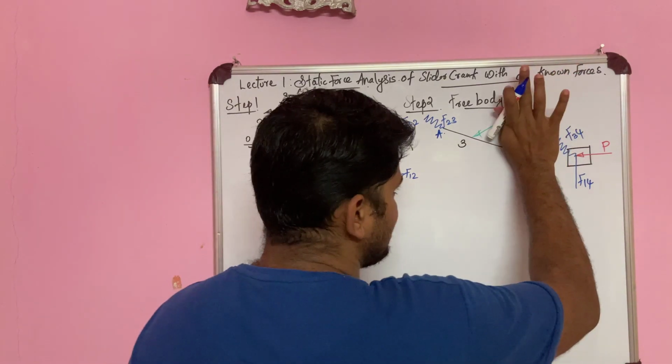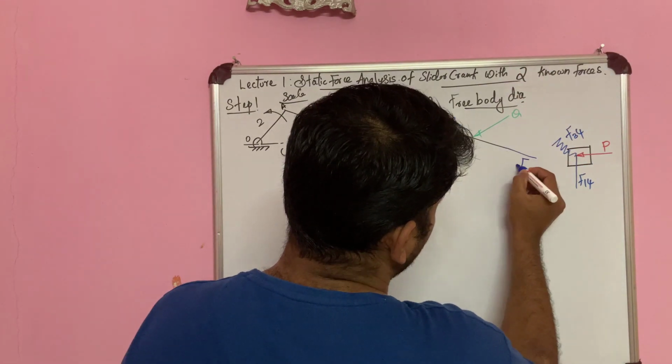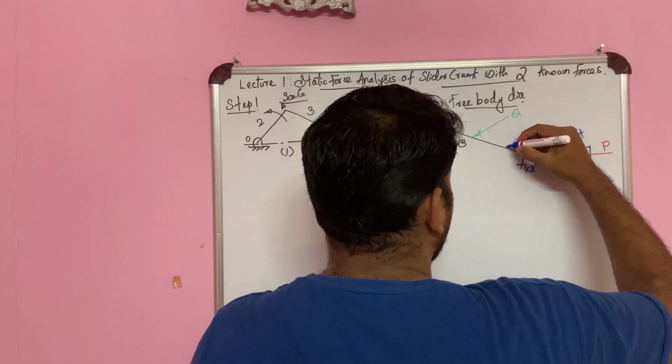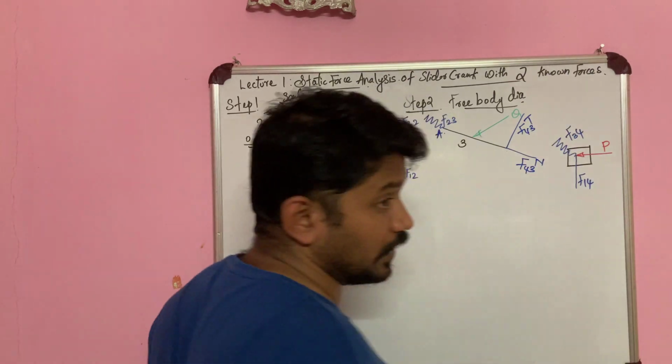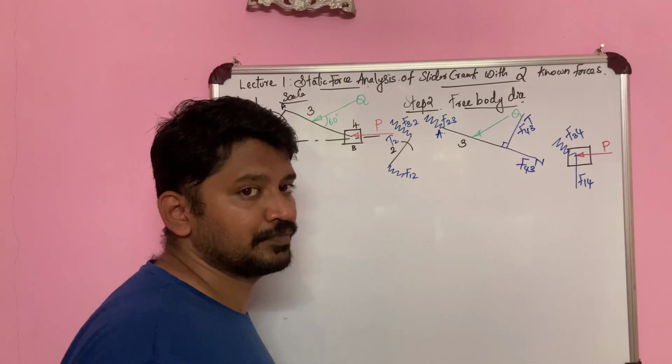So let us split F43 into two components, F43N, which is parallel to the link, and F43T, which is perpendicular to the link, right? So this is perpendicular to the link.